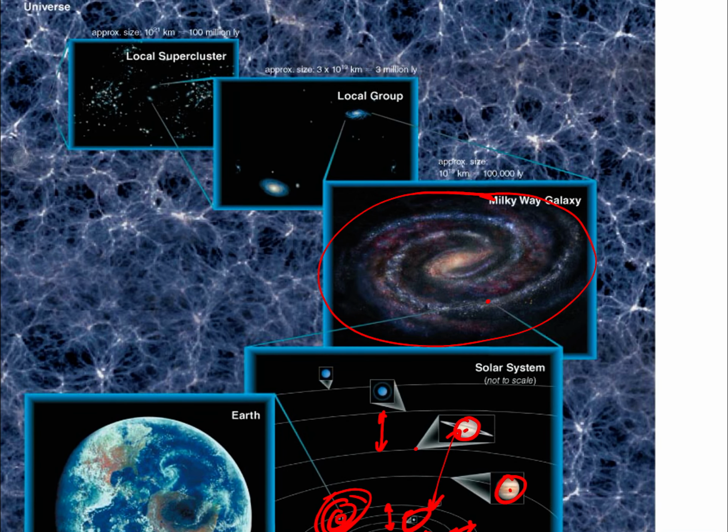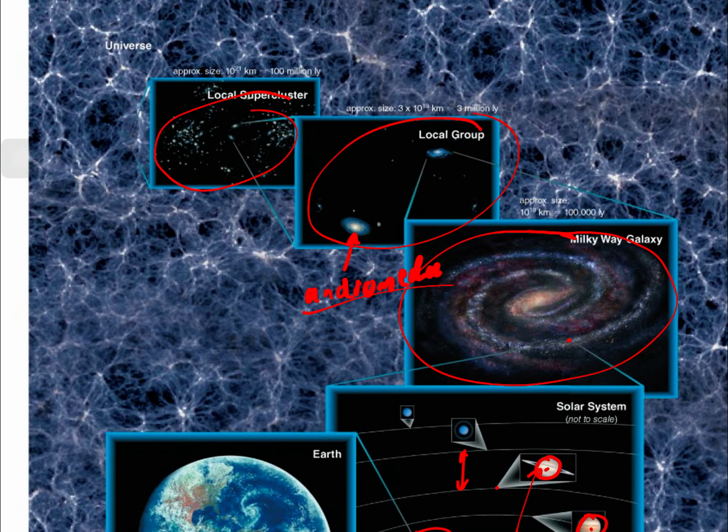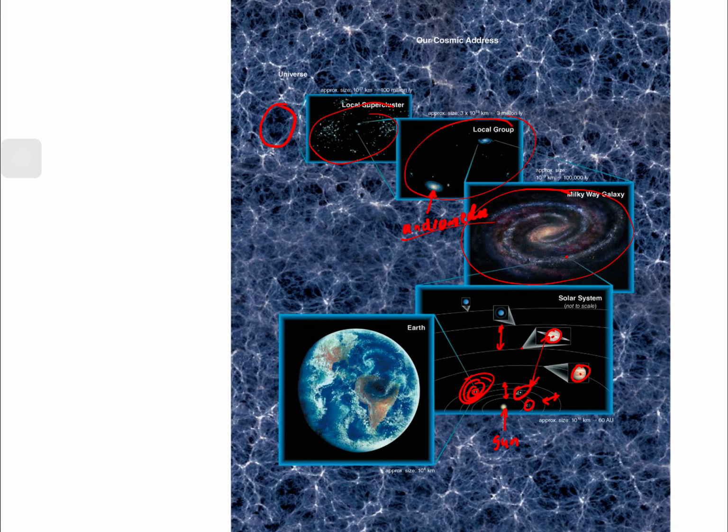Furthermore, our galaxy is part of a local group of galaxies. This is Andromeda, our big neighboring galaxy, which we will eventually crash into in billions of years. This cluster of galaxies moves together, but it is just one small part of a supercluster. And that supercluster is just one part of the entire universe.